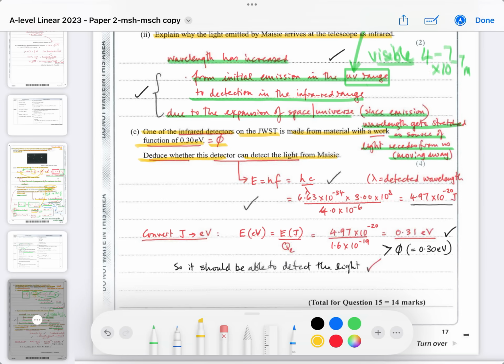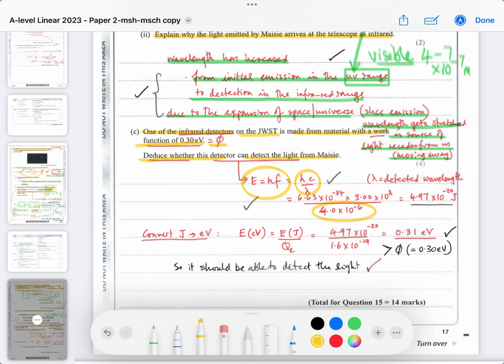So we know that the energy of a photon of light is hf, but since we know the wavelength, you can change that to hc over lambda, so you can work out the energy of the photons based on the wavelength that is detected, which is the infrared wavelength.